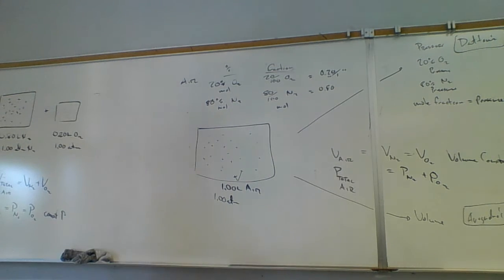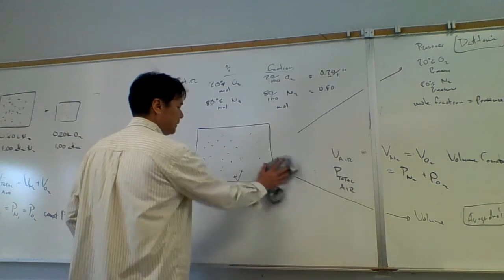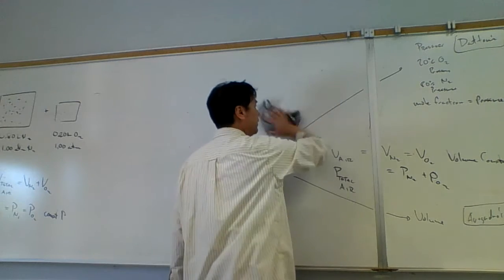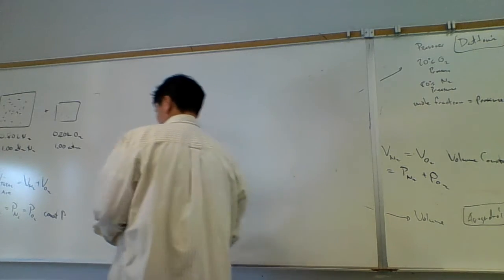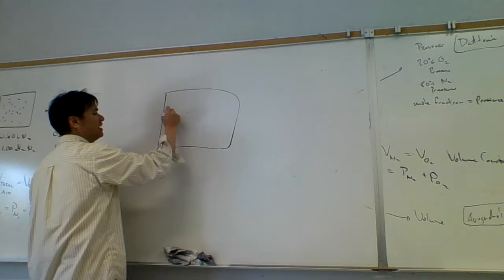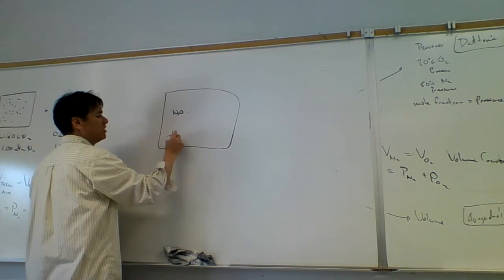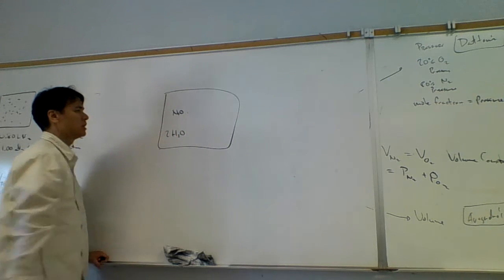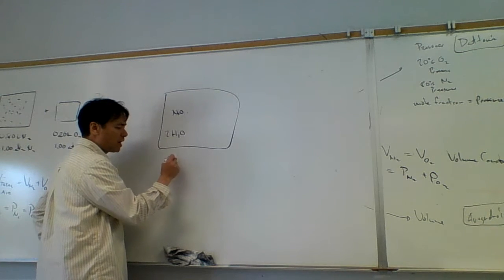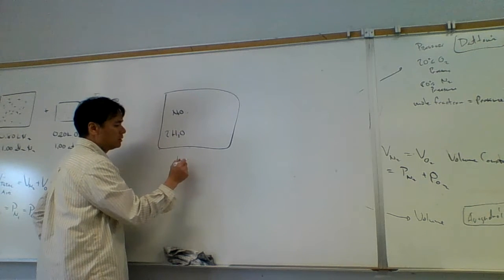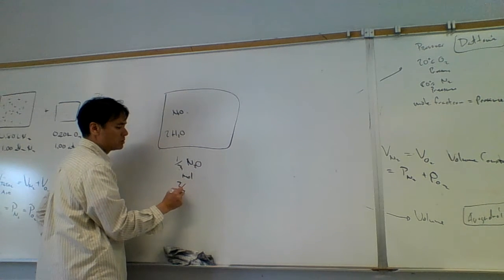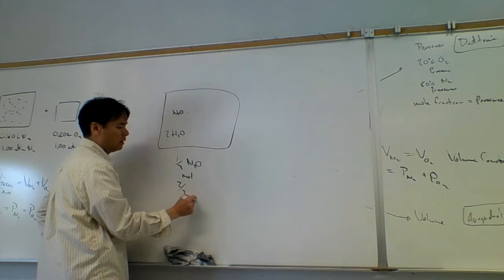And so let's go to problem number 39 here, and we can visualize that gas mixture either way. I have a gas mixture that consists of nitrous oxide, N2O, and H2O, and it's a 1-to-2 ratio. As far as fractions go, it'll probably be easier: 1/3 mole fraction of nitrous oxide, 2/3 mole fraction of water.